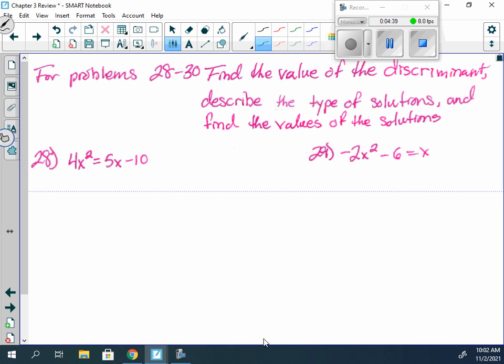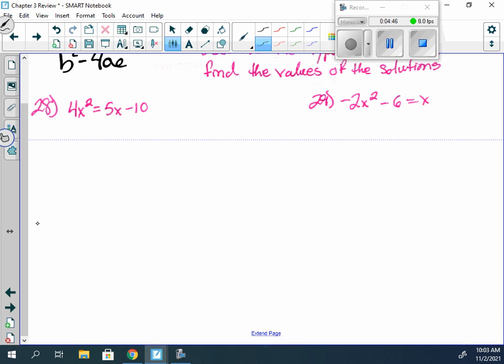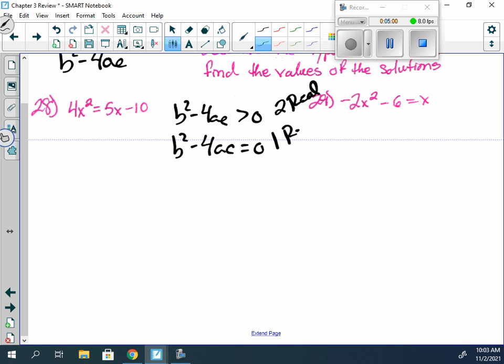So the discriminant is, I'll write it over here, b squared minus 4ac. Now, if b squared minus 4ac is greater than 0, we have two real solutions. If b squared minus 4ac is equal to 0, we have one real solution, and if b squared minus 4ac is less than 0, we have two complex or two imaginary solutions.